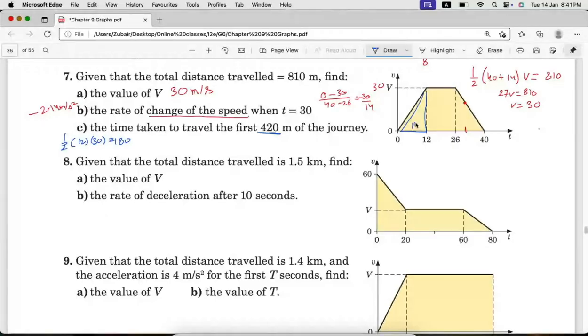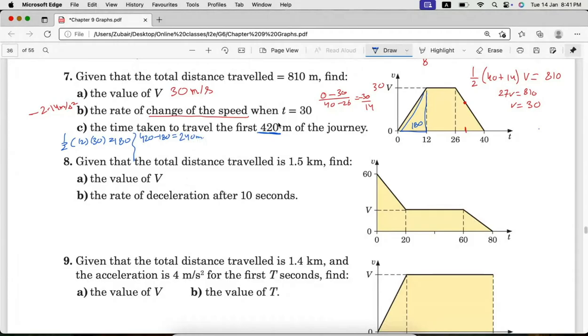So this is 180 meters. Any doubt? No, sir. Now, if this is 180, we've already covered 180. The remaining is 420 minus 180, which is 240 meters.